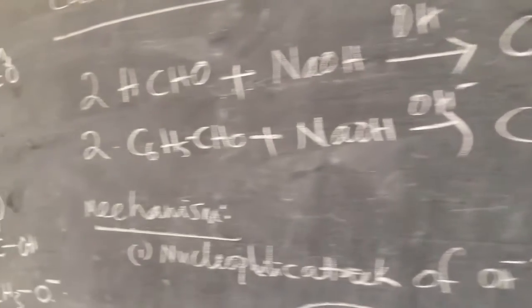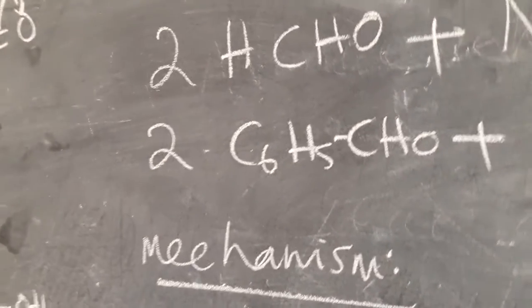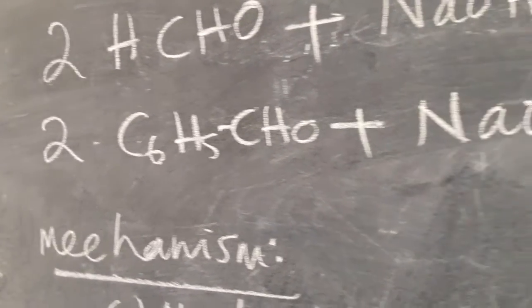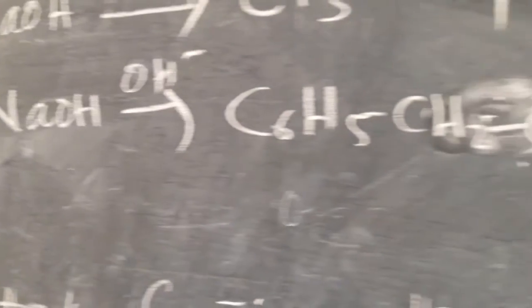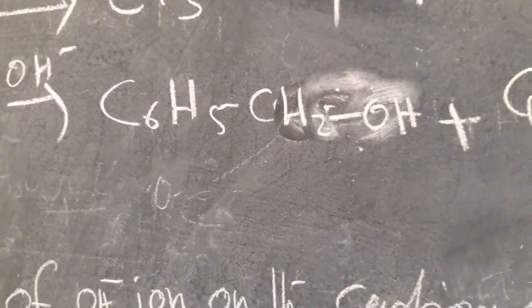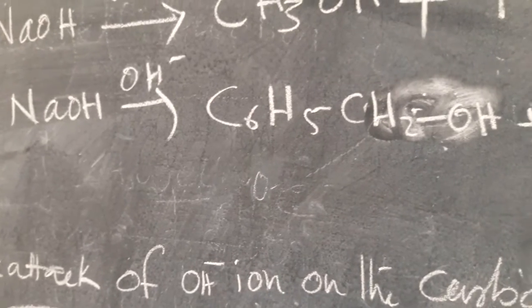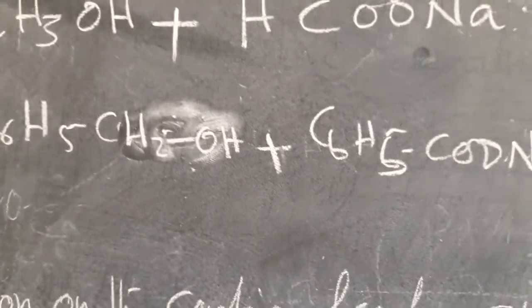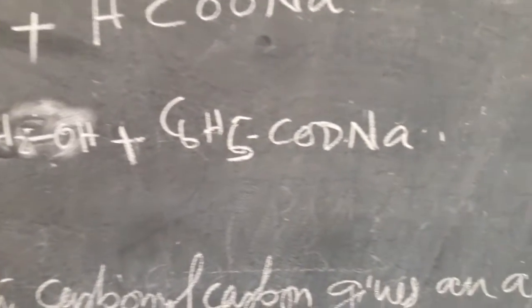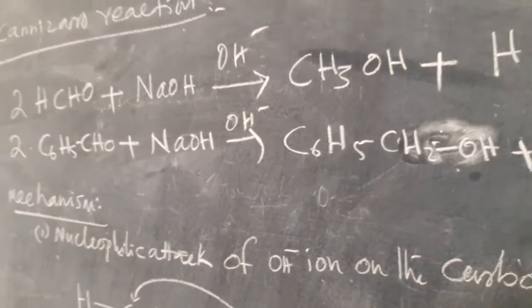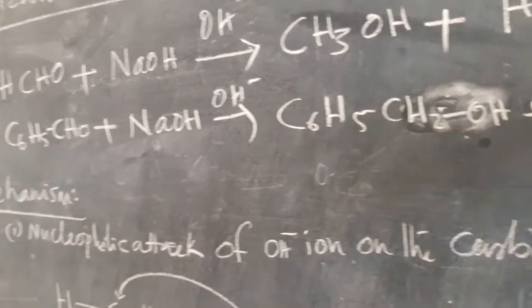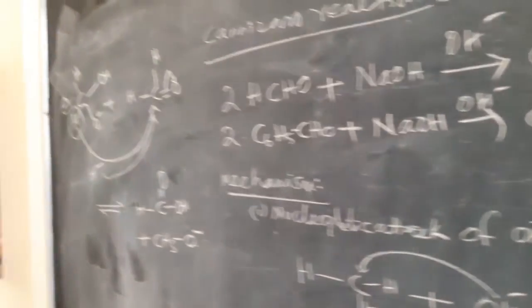In the second reaction you can see two molecules of C6H5CHO react with NaOH, forming one molecule of alcohol, benzyl alcohol, and another molecule of sodium benzoate. So roughly you can say these are an alcohol and an acid.